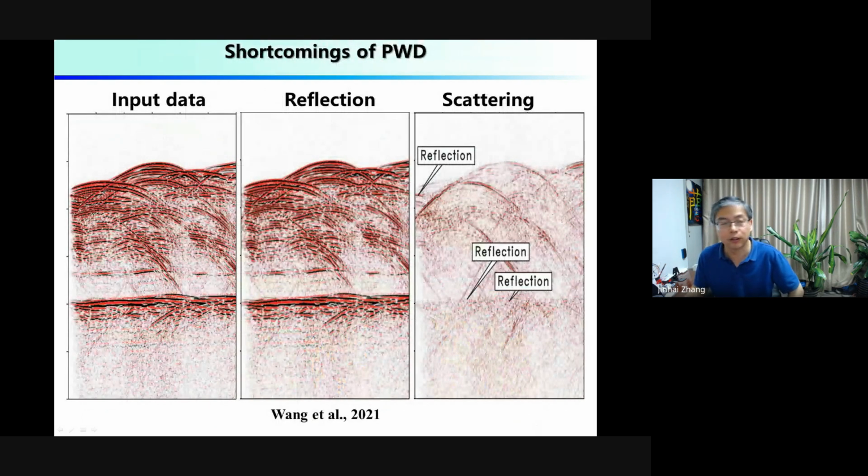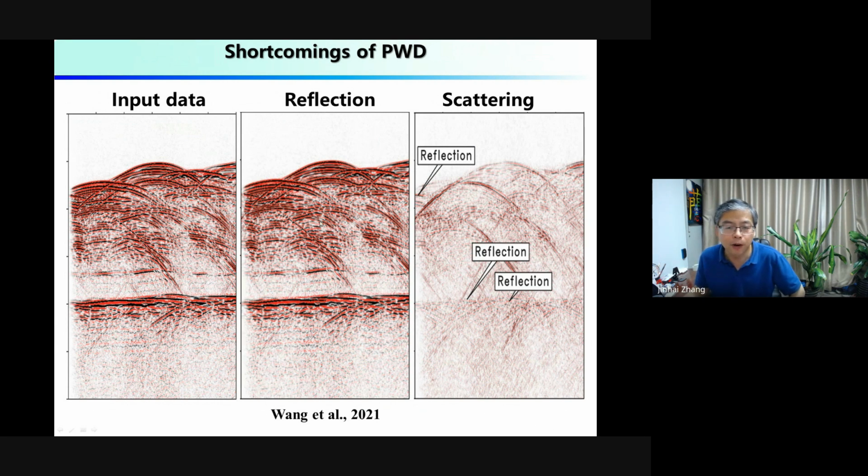However, we can see that the input data is in the left panel, and the middle is the reflection separated from the scattering on the right panel. Here there are somewhat hyperbolas or curved shapes.